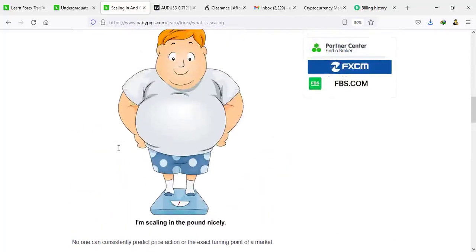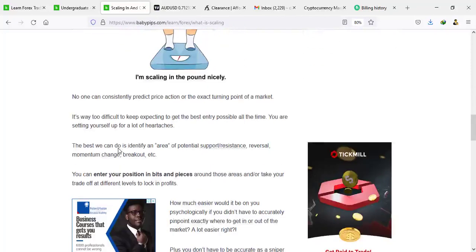It's very difficult to think you can get a perfect entry. That's not going to happen because the market always goes up and down. So it is only logical for us to say, okay, we are entering this market at a good area or at a good price level.